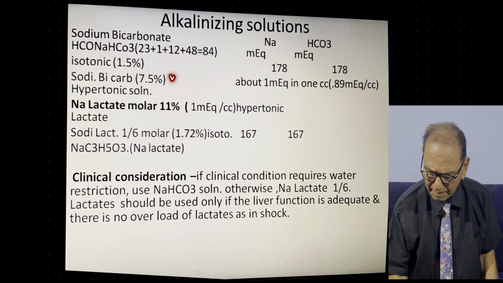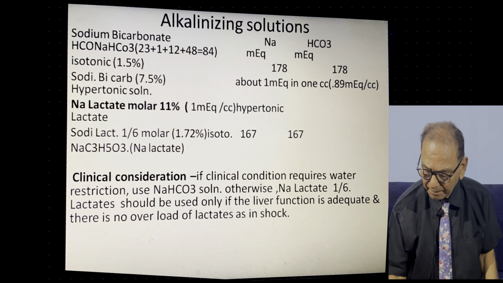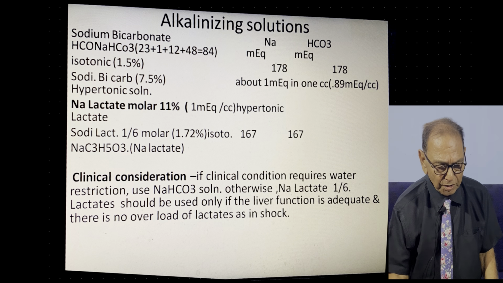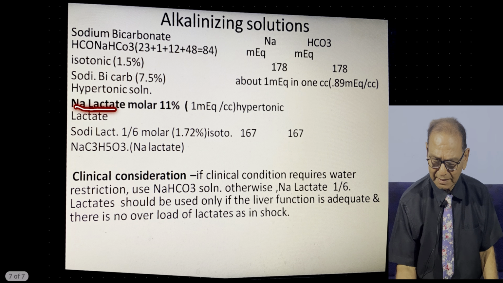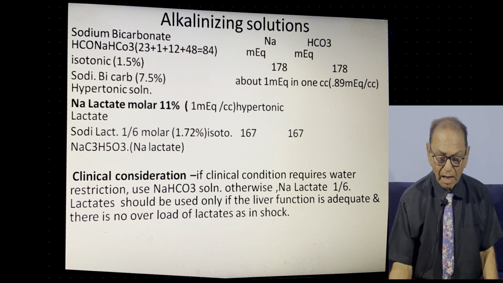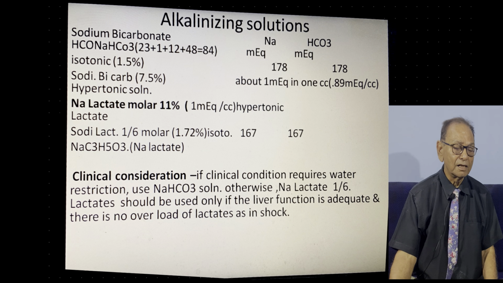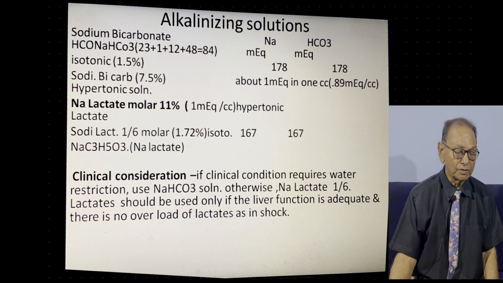We have 7.5% sodium bicarb solution, which is a hypertonic solution, and it is usually not used, but an isotonic solution is more commonly used. One could use a sodium lactate, molar lactate, or 1/6 molar lactate. A molar lactate, when infused, is converted into sodium bicarbonate in the liver, and therefore counteracts acidosis.